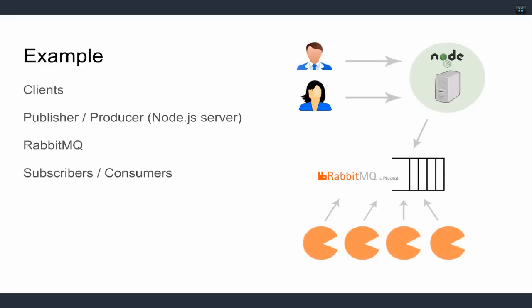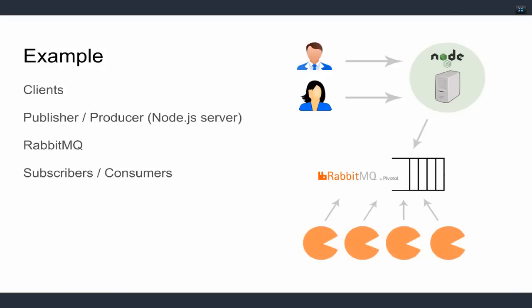The core idea is to create analytics. We have some clients that are sending messages to a Node.js server, and that server is going to publish the information of the events that it received. One example of an event could be the user clicking on a button, for instance, or creating or adding some information to a specific field.